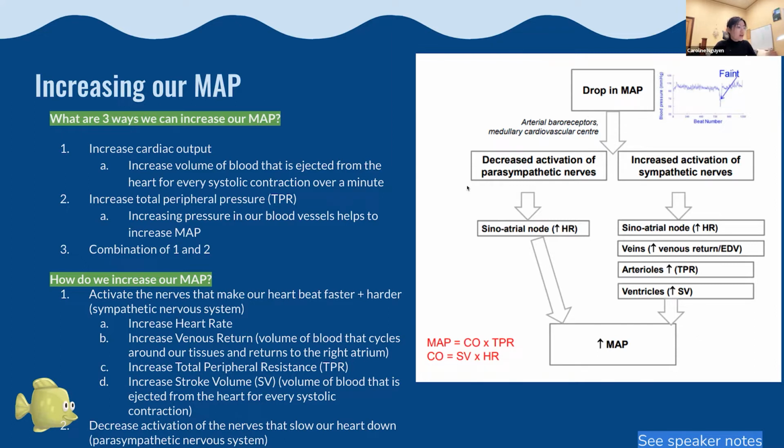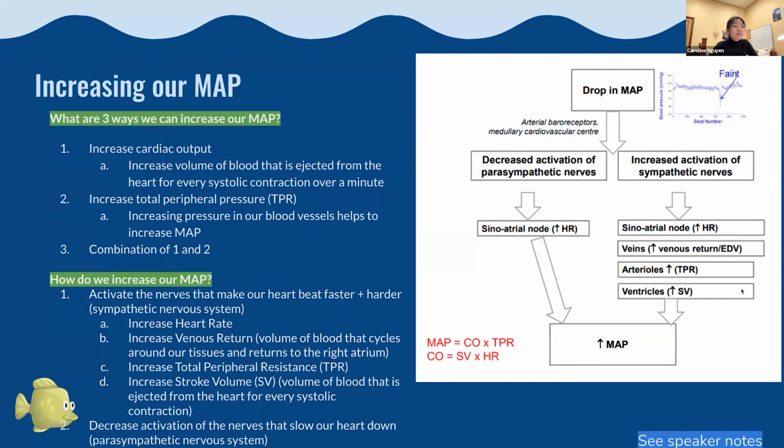And secondly, on the other hand, if it's not doing that, it would decrease the activation of the nerves that slow our heart down. And that would be decreasing the activation of the parasympathetic nervous system. So here is activating what makes it go faster and deactivating what makes it go slower.